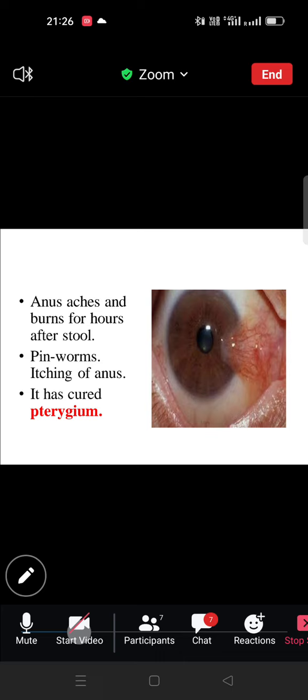Another symptom: pinworms, itching of the anus. Suppose a patient says, doctor sahab, I am having itching around the anus. So we can say you might be having a tapeworm or threadworm inside your stomach. Can anyone tell me more medicines for pinworms or helminths or lumbricoides? Very good.